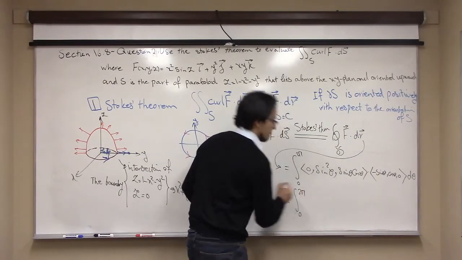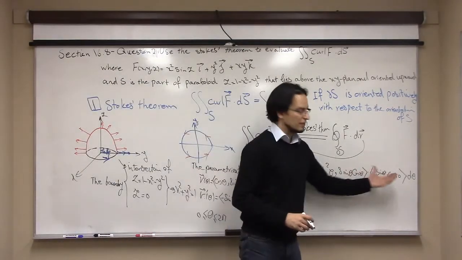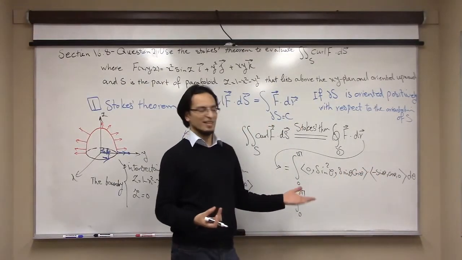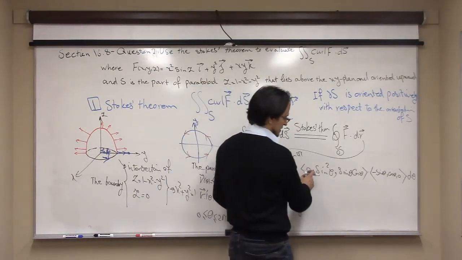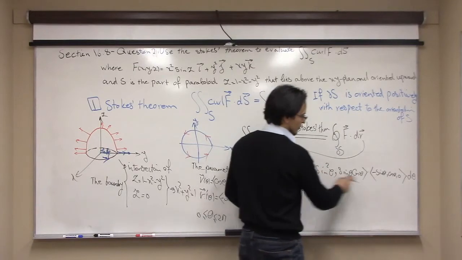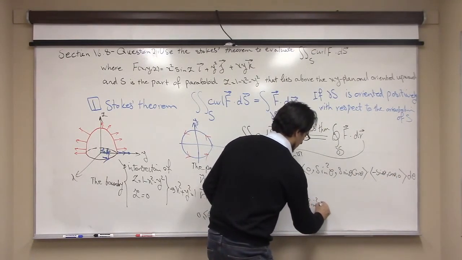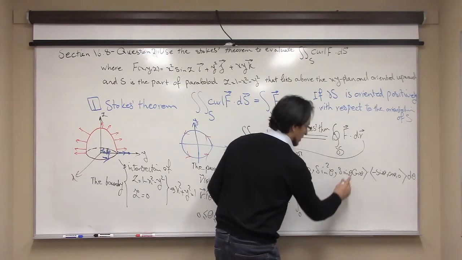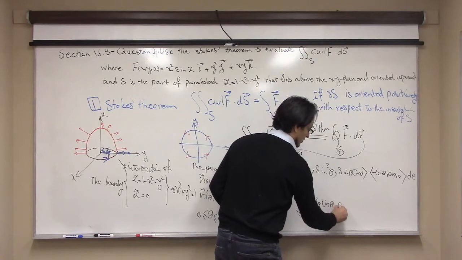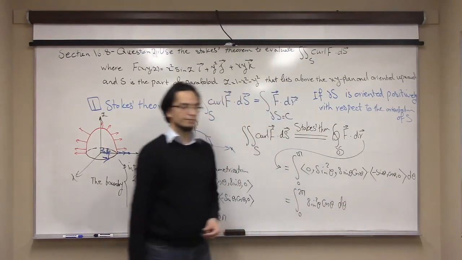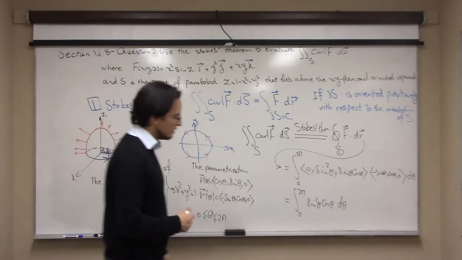And now I can evaluate that, because if you dot product this with that, you're going to get a function of theta, and this is just a regular integration. Let's do that. 0 times that is 0, sine squared times cosine, so I have sine squared theta cosine theta. The sine theta cosine theta times 0 is 0, so I have just this. It's a regular integral, and you have to evaluate that.